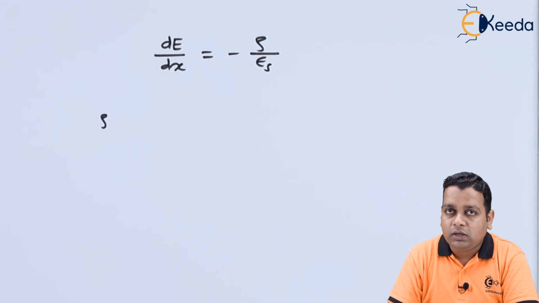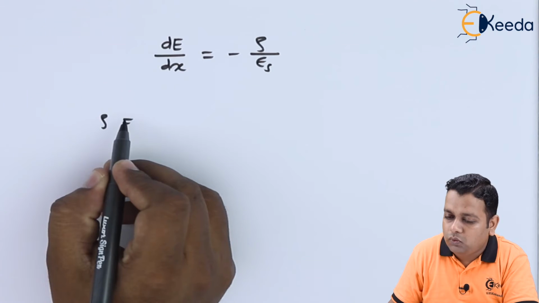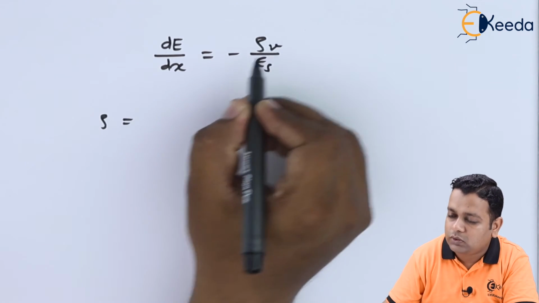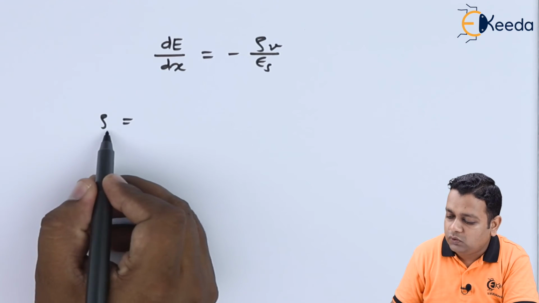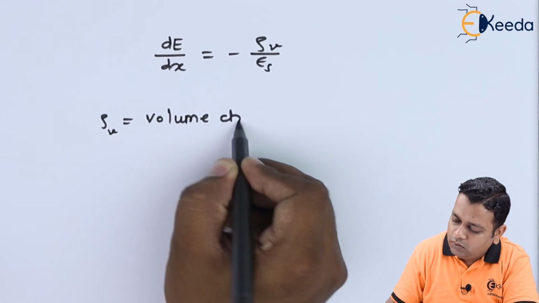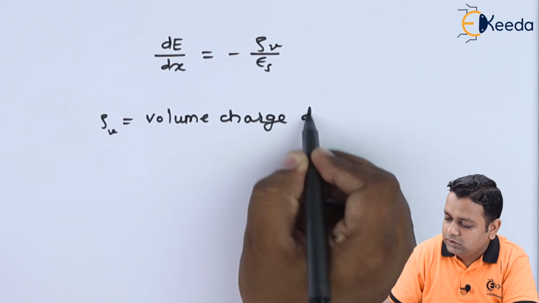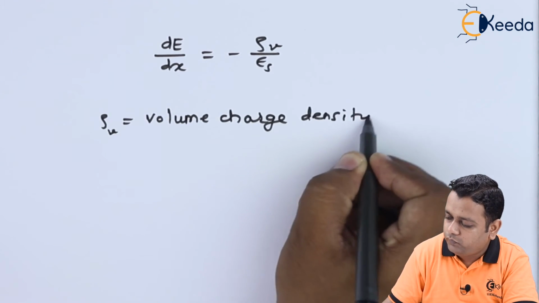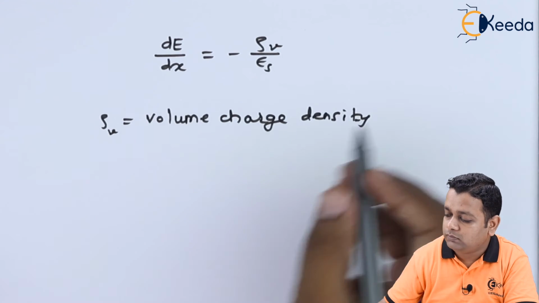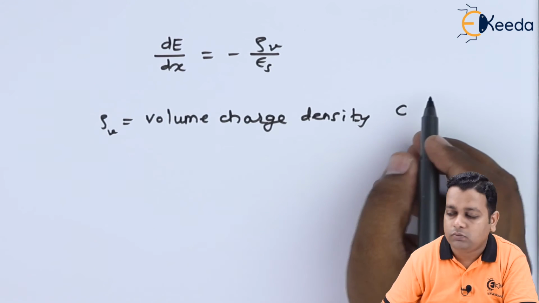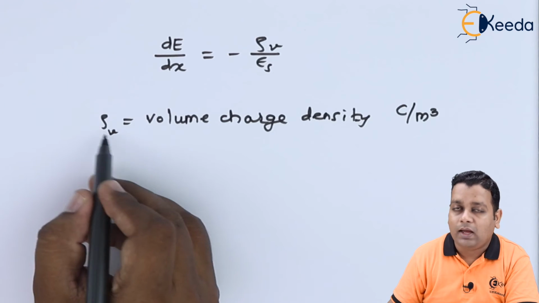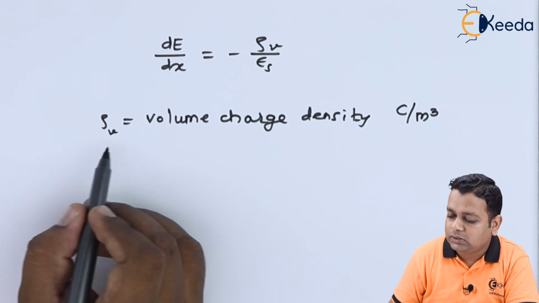In this equation, rho represents the volume charge density. Generally we can also represent it as rho suffix v. As we know, charge is measured in coulombs, and with respect to volume it will be coulombs per meter cube as the unit for rho v.